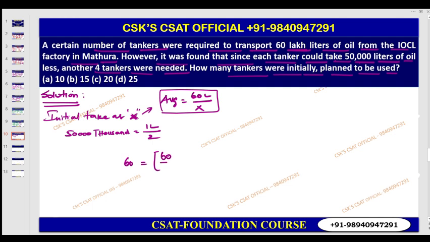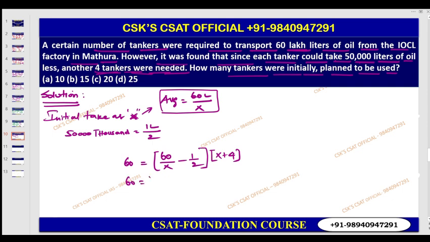So here 60 by x minus how much reduction here? 50k, that 50k is nothing but half a lakh. I am just converting in terms of lakhs. Now how many are doing here? x plus 4, another 4 tankers were required. So like this you can make an equation, then easily you can solve this question.